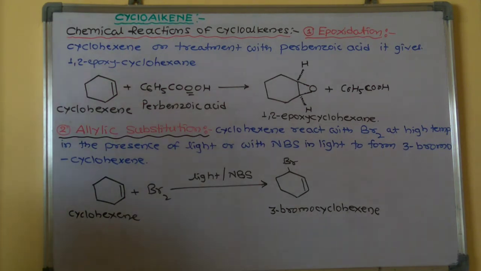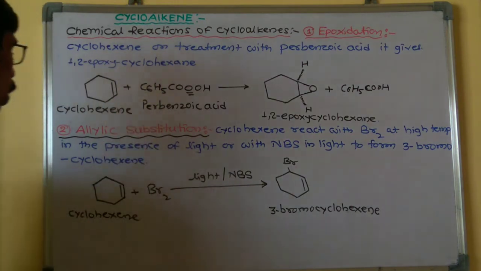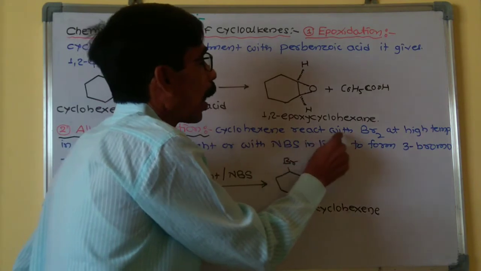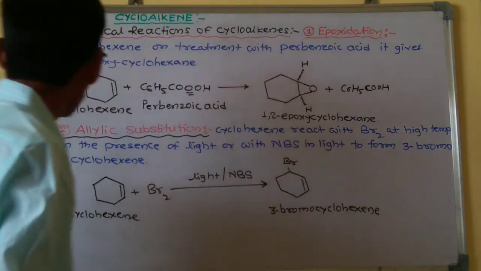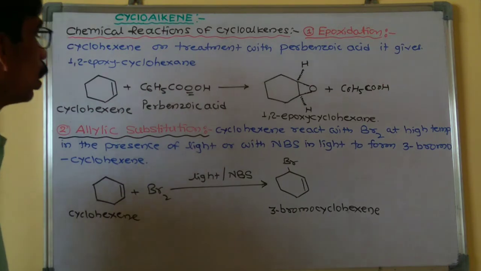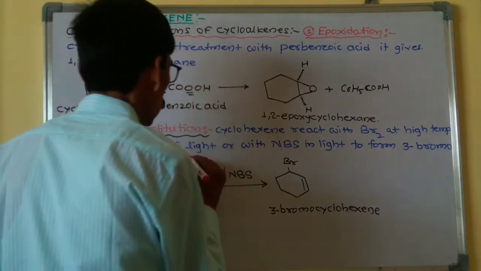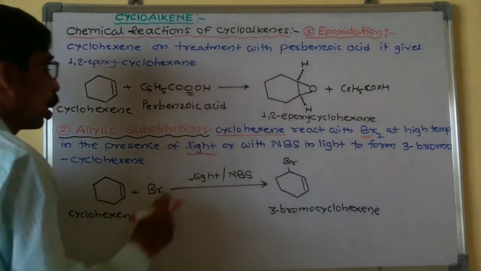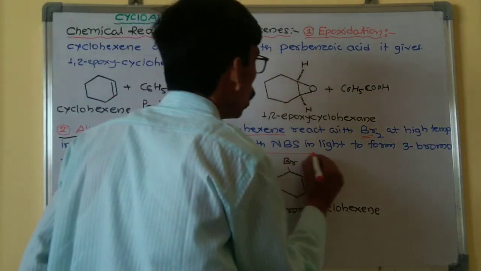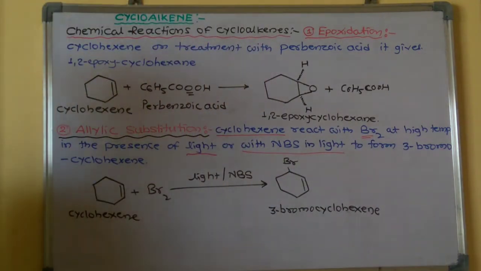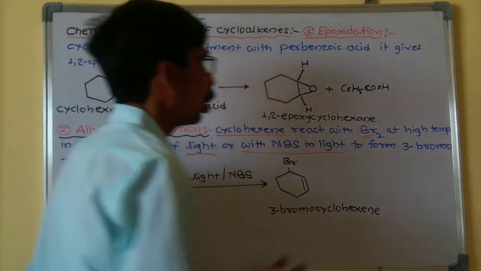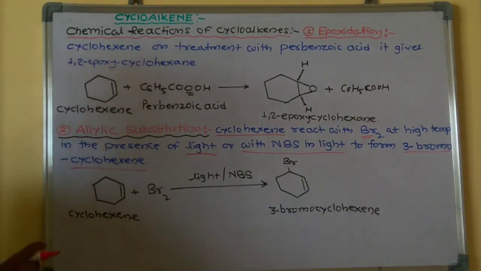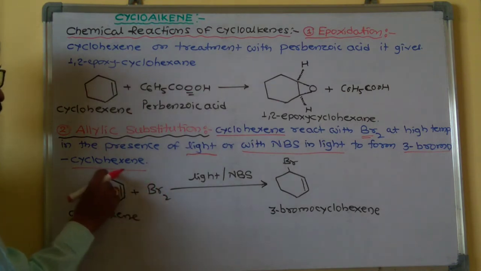Now the second chemical reaction is allylic substitution. When cyclohexene reacts with bromine at high temperature in the presence of light, or with N-bromosuccinimide, NBS, in light, it forms 3-bromocyclohexene. Only Br is added at the third position.